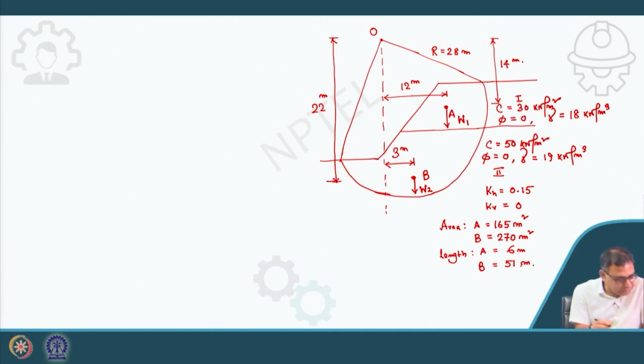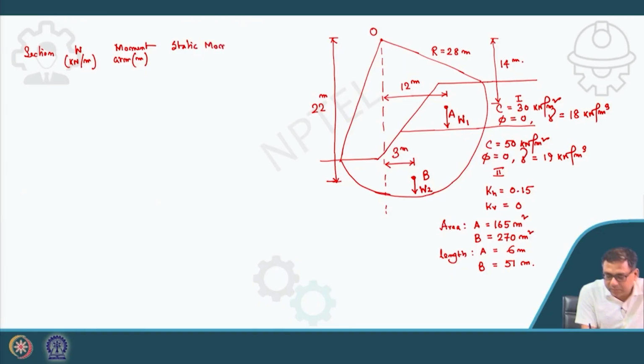So for the slope stability, first we consider the section, then the W, which is in kilonewton per meter, then the moment arm, which is in meter, and the static moment, which is in kilonewton meter per meter.